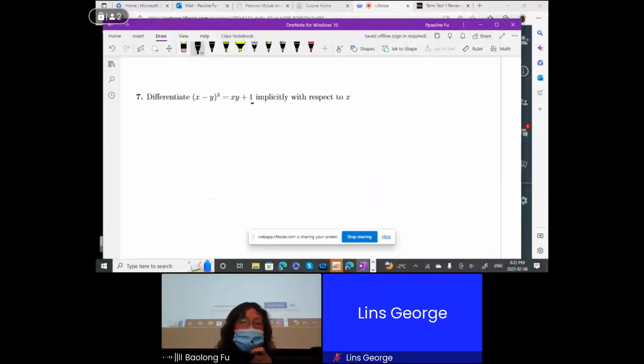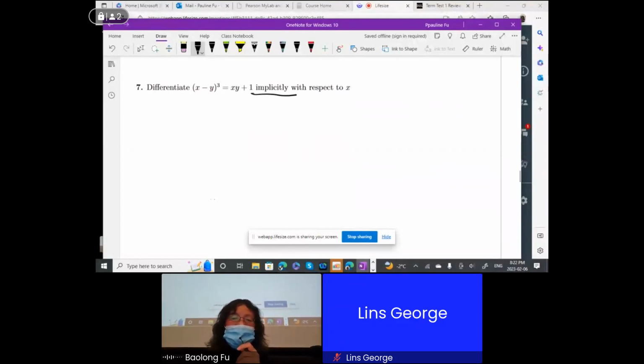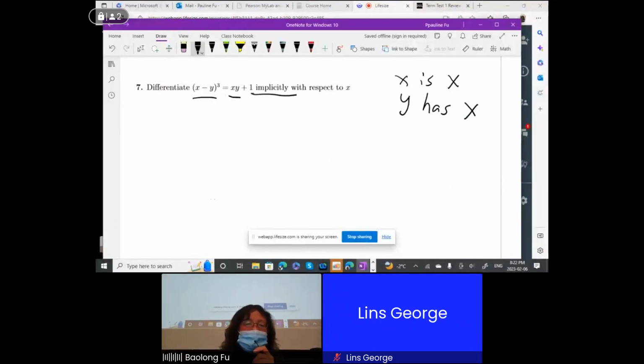When you do it implicitly, remember a rule: x is x, y has x. So you differentiate both sides. Left hand side, we use the chain rule: 3x minus y raised to power 2, and then chain rule times the derivative of x minus y.